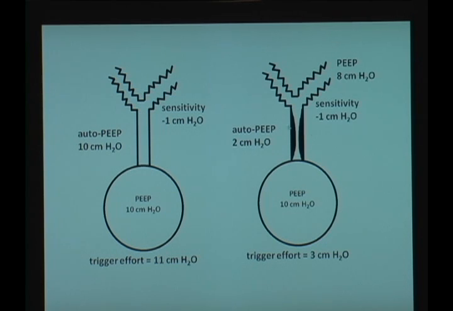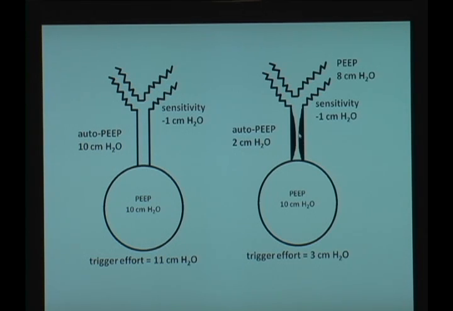And if we have a lot of resistance in the airway, theoretically, if we raise the pressure downstream at the proximal airway, in this case up to 8 centimeters of water, it will not affect the upstream driving pressure, provided there's a lot of resistance here and it's flow limited, as we'll get to in a minute.